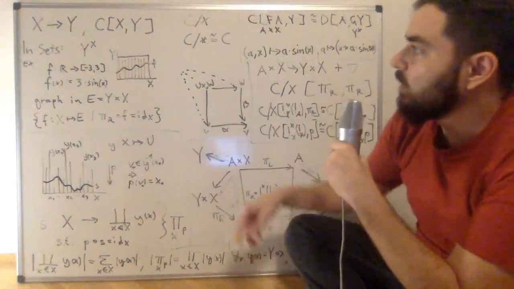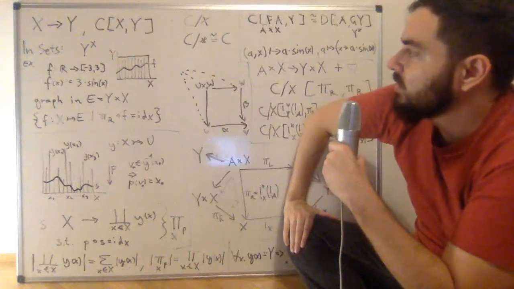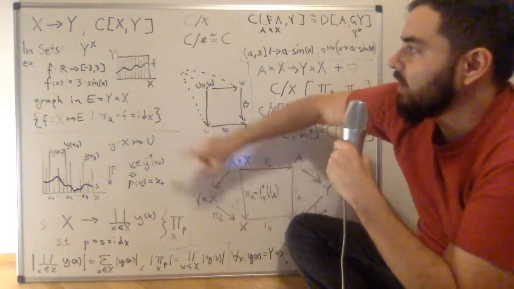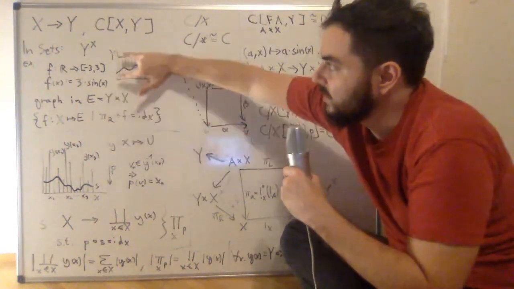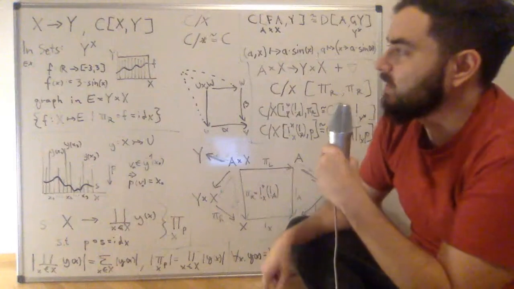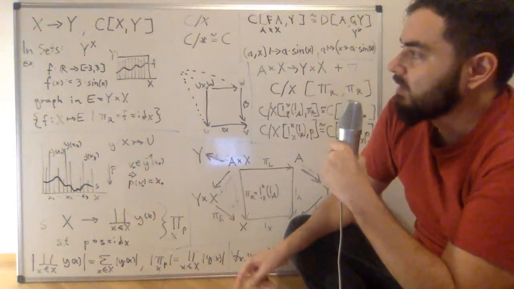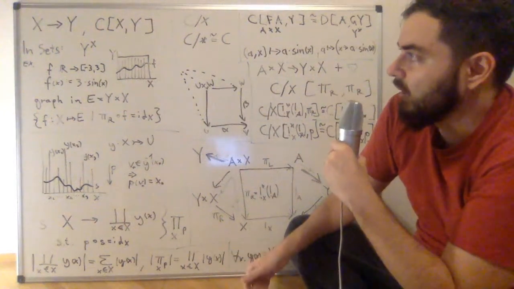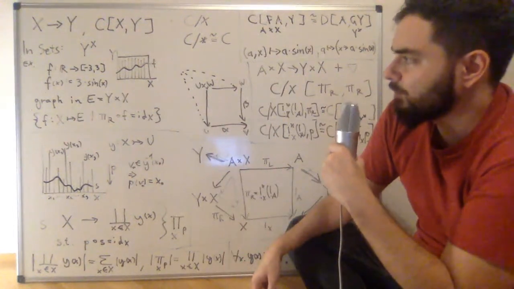And so if you have the simple case of functions, then you can represent the functions also as graphs. So here I have the x-axis and then Y, and let's say this is X and this is Y, and I have written down some silly example. So some function f that goes from the reals, X is the reals, to the set Y, this interval from -3 to 3, and this function is given by 3 times sine of x.